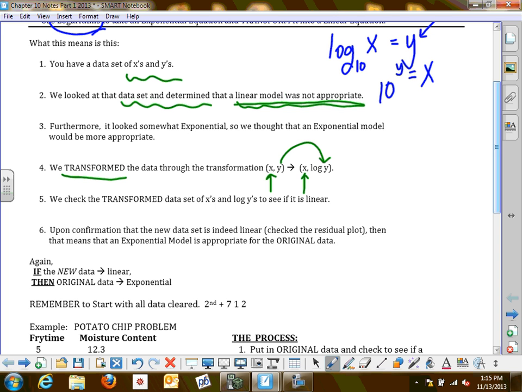And then we have to check the residual plot of the transformed data to see if that transformed data is linear. We eventually have to work our way back to a different equation, but that's not today. Today is just the calculator process of that.